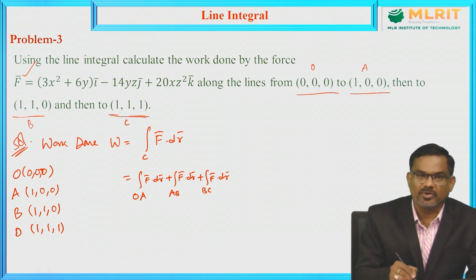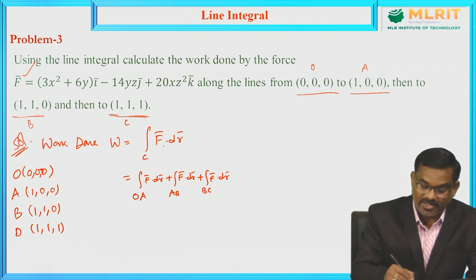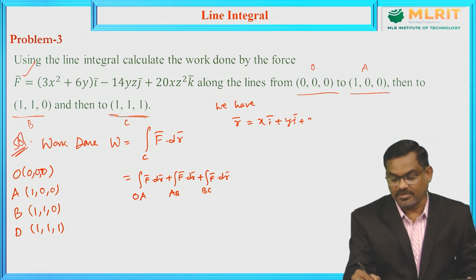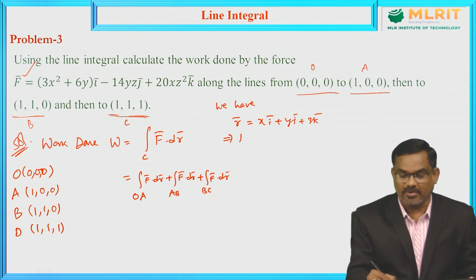Before evaluating this, first we need to find F bar dot dr bar. What is the position vector R bar? It is x i bar plus y j bar plus z k bar. Then dr bar will be dx i bar plus dy j bar plus dz k bar.